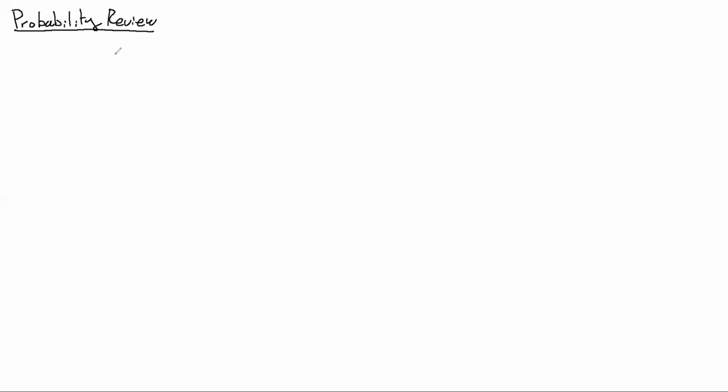So the definition of a probability, there's two pieces to it. So I'll say one right here. The probability of any event E is a number between 0 and 1.